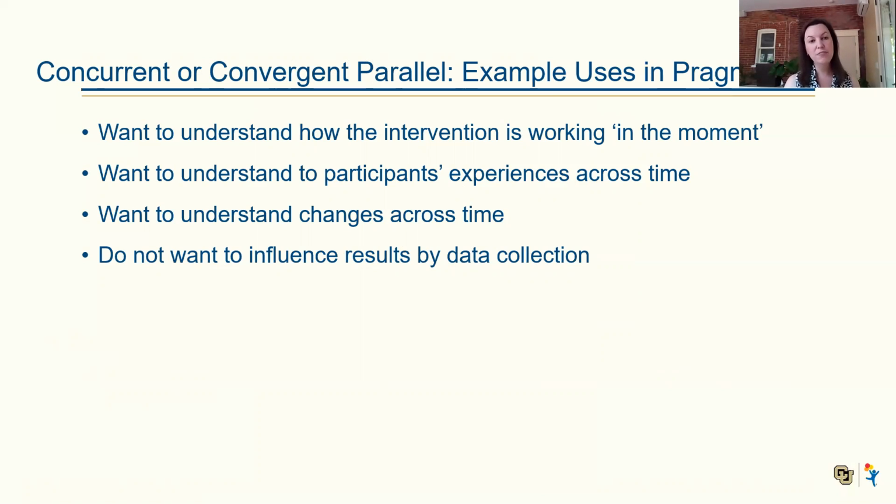Related to that, it is helpful to understand participants' experiences over time. Maybe at the beginning of the intervention, they're struggling with implementing and getting the hang of it. They really hit their stride at the midpoint, but then at the end of the trial, they might be starting to forget about the intervention. So understanding that intervention across time could be important.